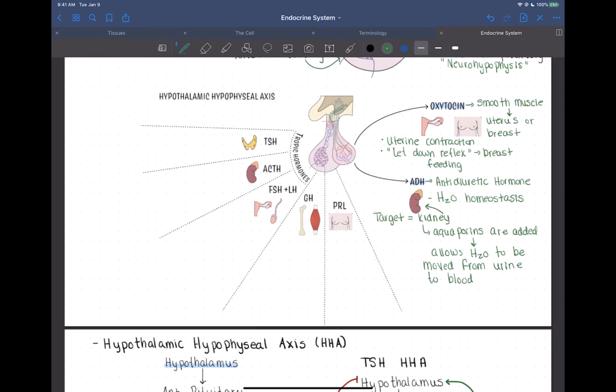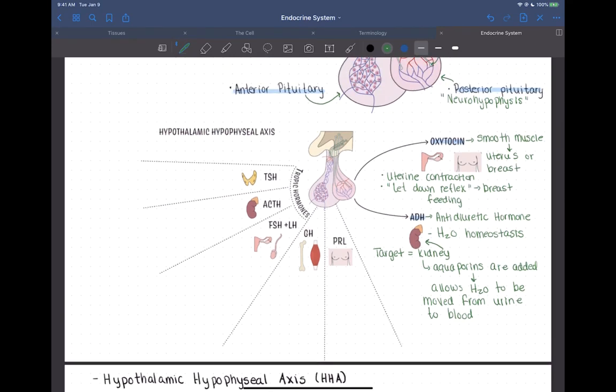For the anterior pituitary, obviously, as you can see, there's a lot more going on. And so the anterior pituitary, or the adenohypophysis, right? The posterior is called the neurohypophysis. The anterior is called the adenohypophysis.